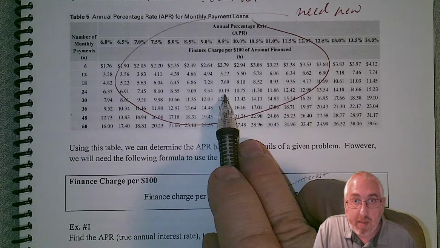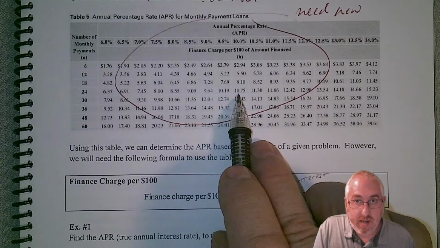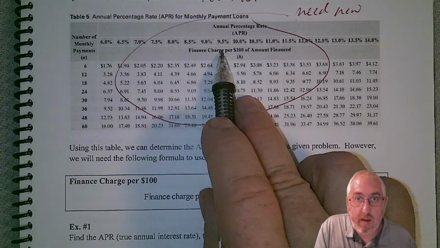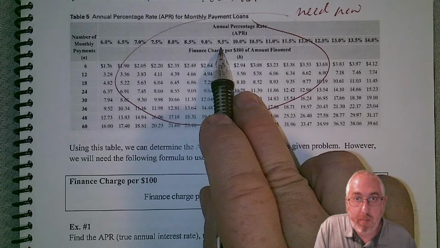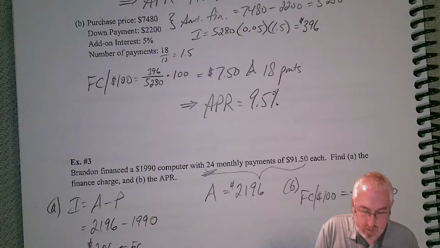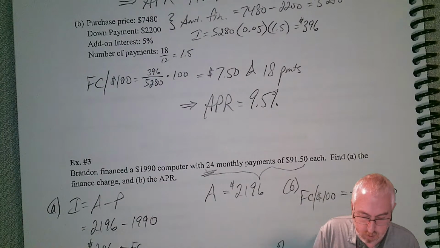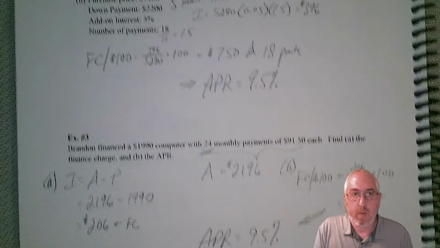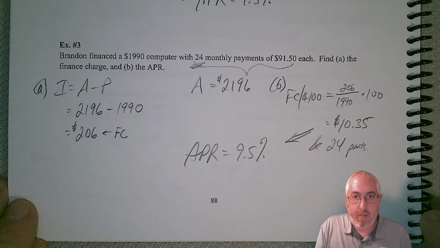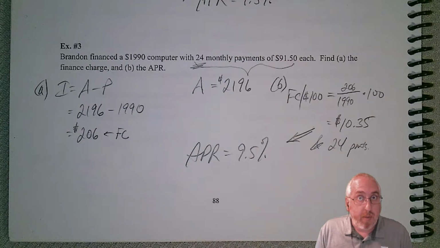Well, I'm thinking 10.19 is a little bit closer than 10.75. So let's go with that. So that's going to be 9.5%. So you can see these APR problems can provide you with a variety of given information.